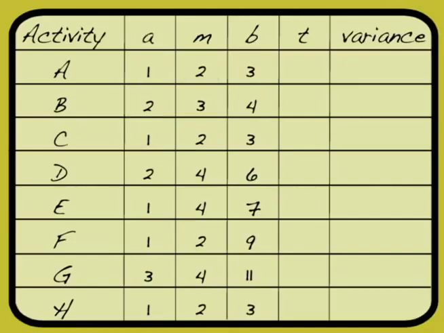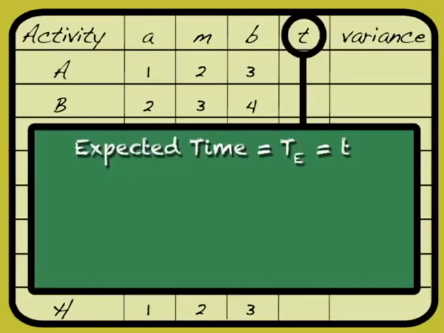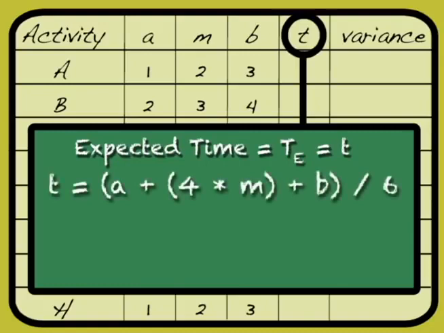We have our formula for expected time. You'll notice we have a column here, right here, for expected time. Well, our formula is A, optimistic time, plus 4 times the most likely time. Now, why would most likely time have a weight of 4? Well, that's because it is the most likely to occur. So we're going to weight that time more than the other 2 time estimates.